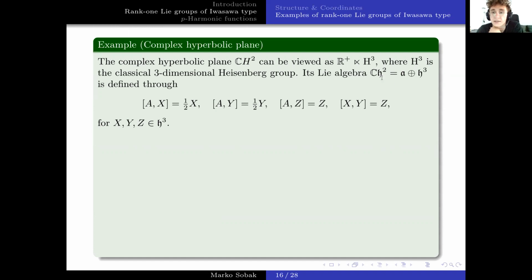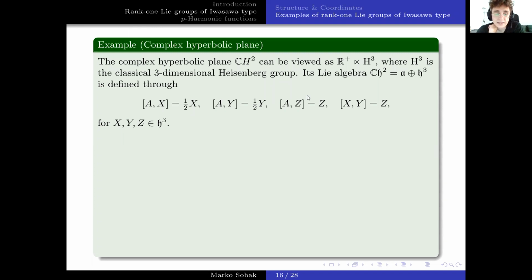And in this case, we see that the Lie algebra splits as usual into the one-dimensional abelian subspace, of course it's abelian since it's one-dimensional. And then we also have the Heisenberg algebra, which is the nilpotent part.